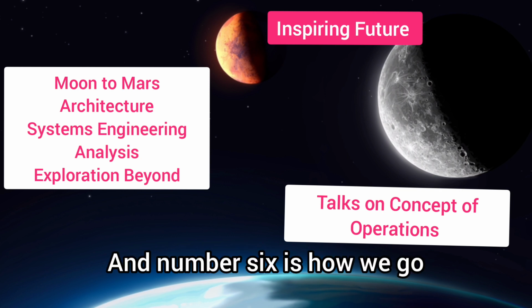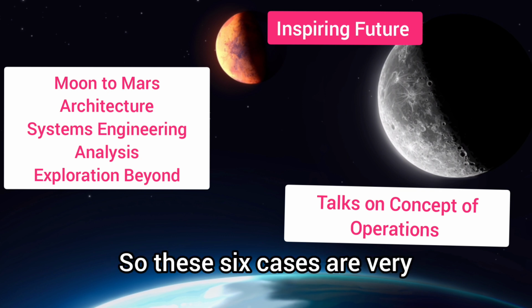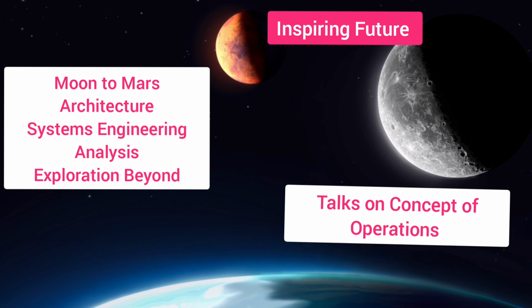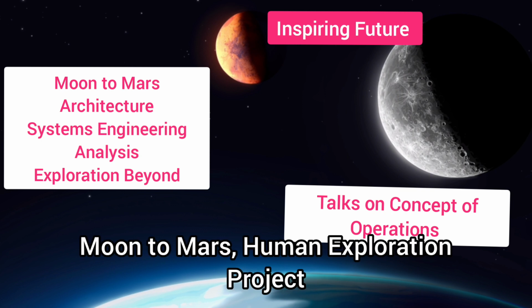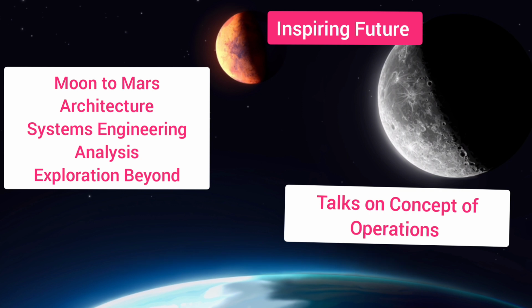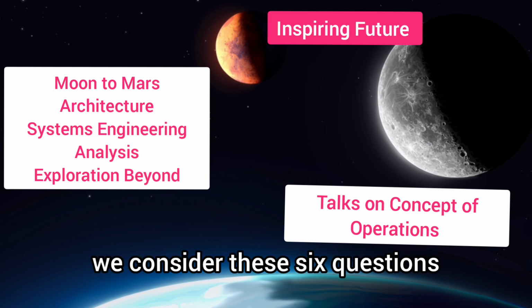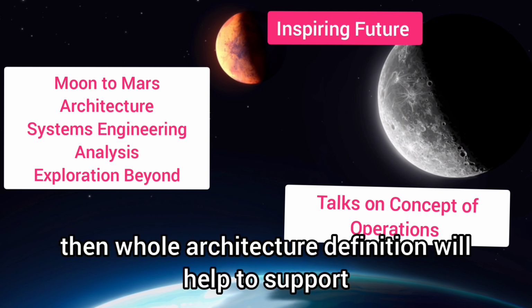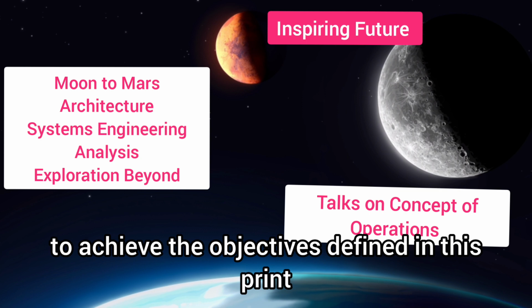And number six is how we go. These six questions are very fundamental and very important for this Moon to Mars human exploration project and architecture definition. If we consider these six questions and try to answer them, then the whole architecture definition will help support achieving the defined objectives.